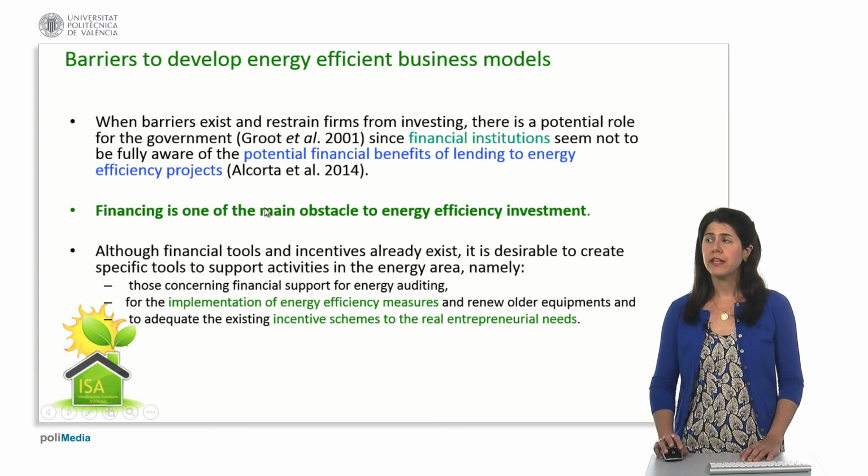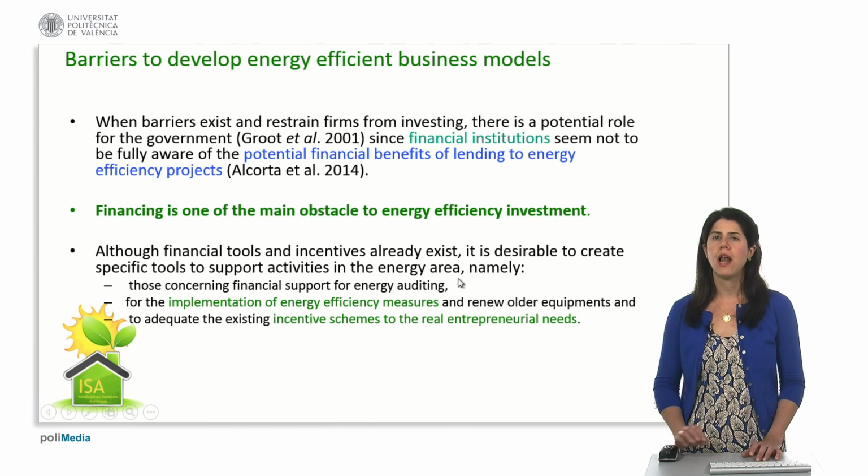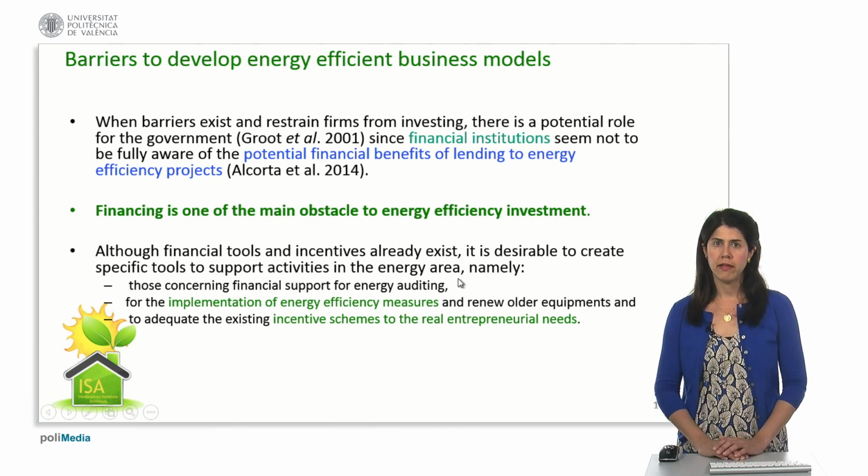So financing is one of the main obstacles to energy efficiency investment. So it's the government's role to implement energy efficiency measures and also to provide incentives to produce real entrepreneurial needs.